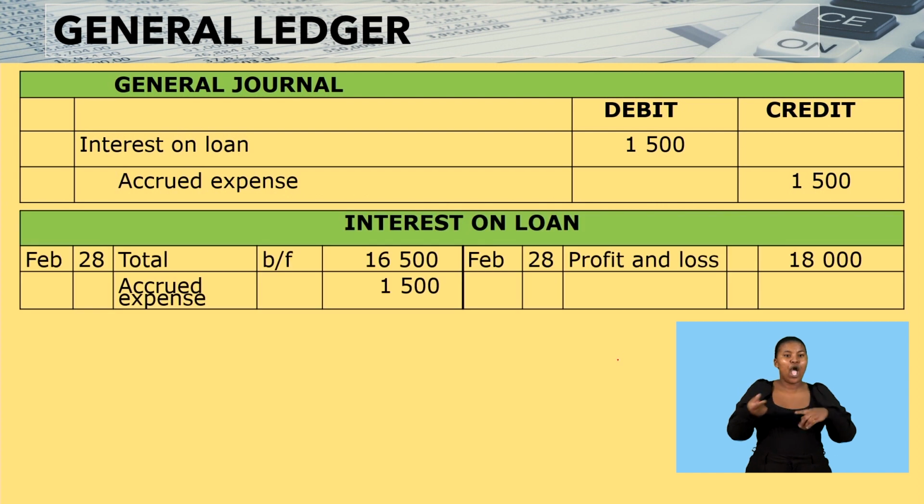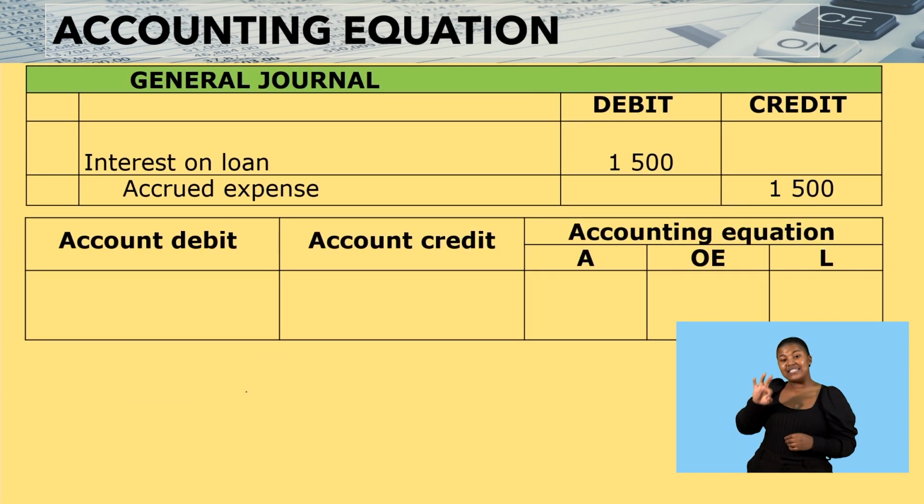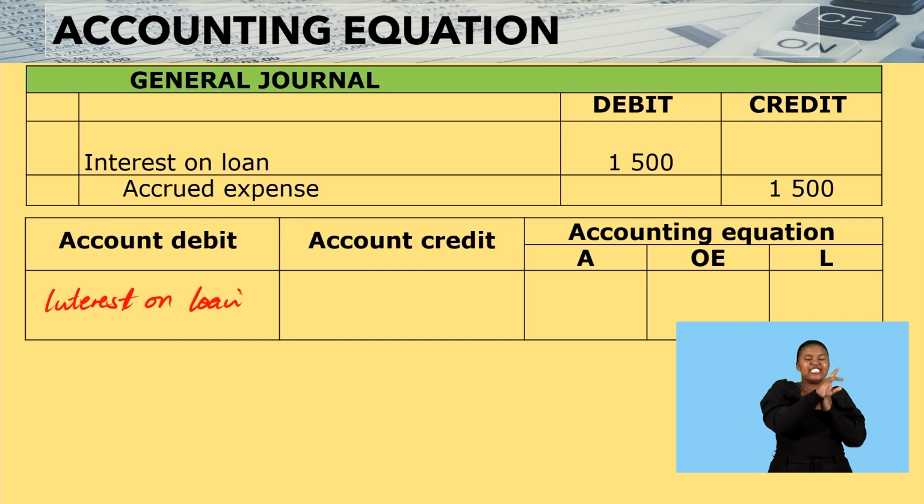Let us move on now to the accounting equation. In the accounting equation, it is very important for you to remember what you'd have done in the general journal. In this case, we debited our interest on loan. So that means I'll come here and I'm going to debit interest on loan. And remember, interest on loan is an expense.